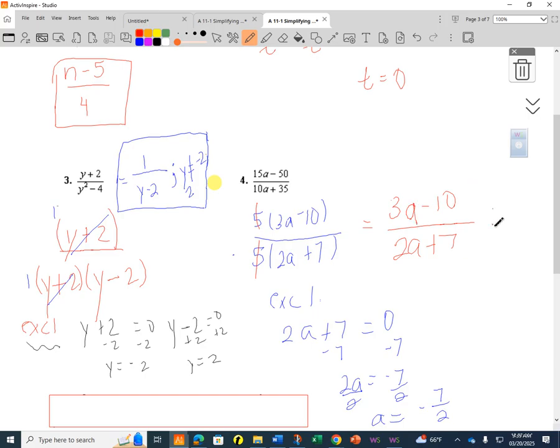But we're going to state that a cannot be equal to negative 7/2. If you don't state the excluded values, you've only done half of what they asked you to do here. Any questions?